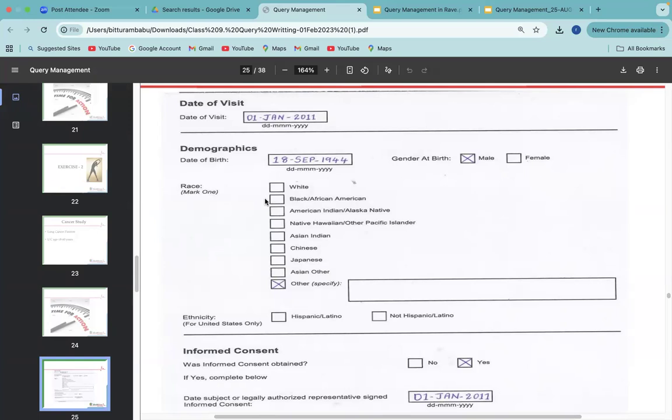Come on, guys. What is one more error here? They should have mentioned the other specifics. Where? Exactly. Place of birth. Good.